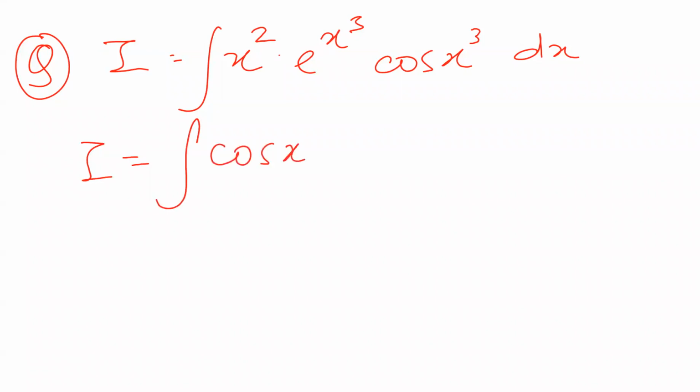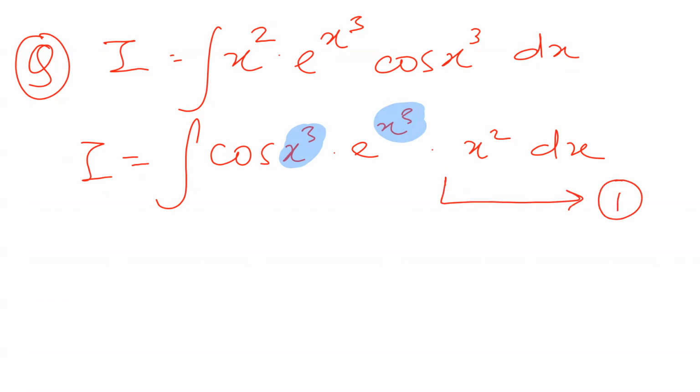We'll write cos x cube e raised to x cube into x square dx. Now, as we know, the derivative of x cube is 3x square. So what I'm going to do is, I'm going to put this x cube as t. Put x cube is equal to t.